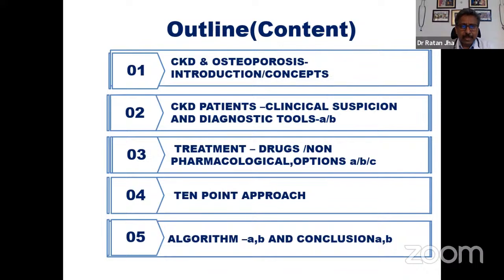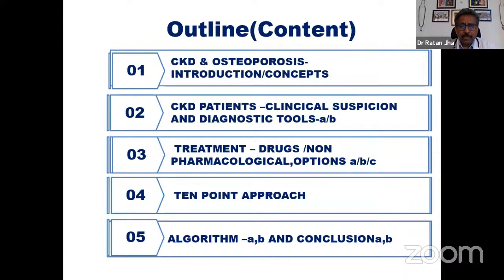We'll talk about the concepts of osteoporosis in the background of kidney disease, and how this has to be understood. What are the clinical suspicions for osteoporosis in CKD? That is, how do you suspect it, and what are the diagnostic tools to make the confirmed diagnosis of osteoporosis?